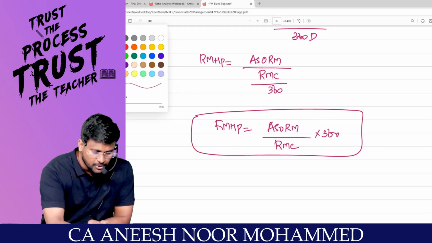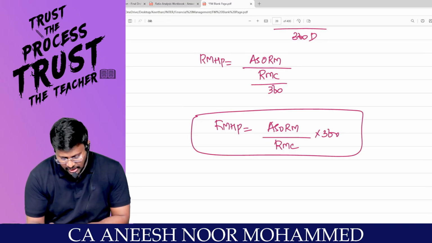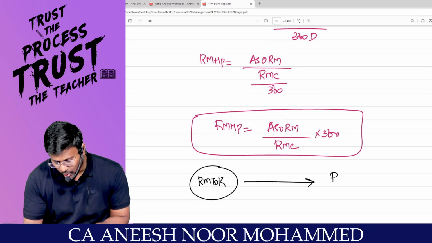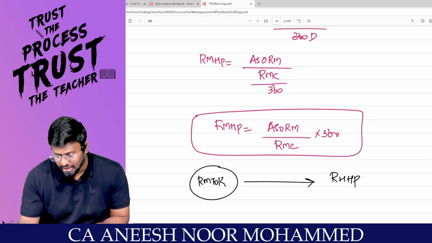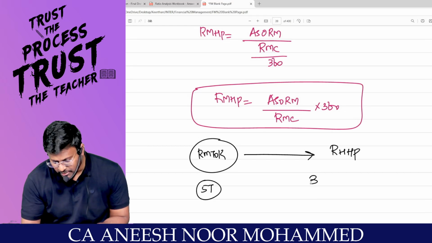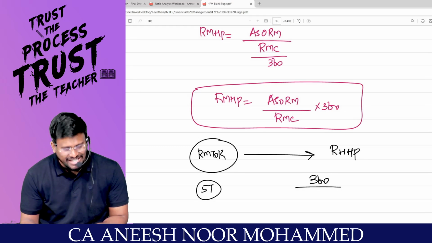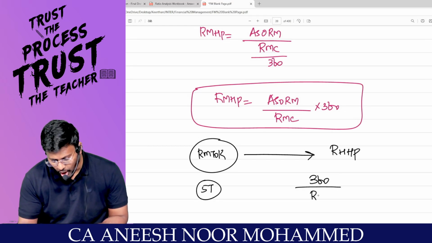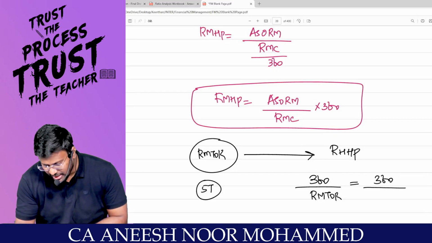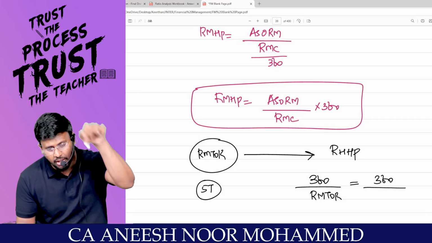Sir, my dear lovable students, come on, sir. If I am having the raw material turnover ratio, can I find out the raw material holding period by an indirect formula? If this is 5 times, it is nothing but 360 divided by raw material turnover ratio, which is nothing but 360 divided by, what is raw material turnover ratio?